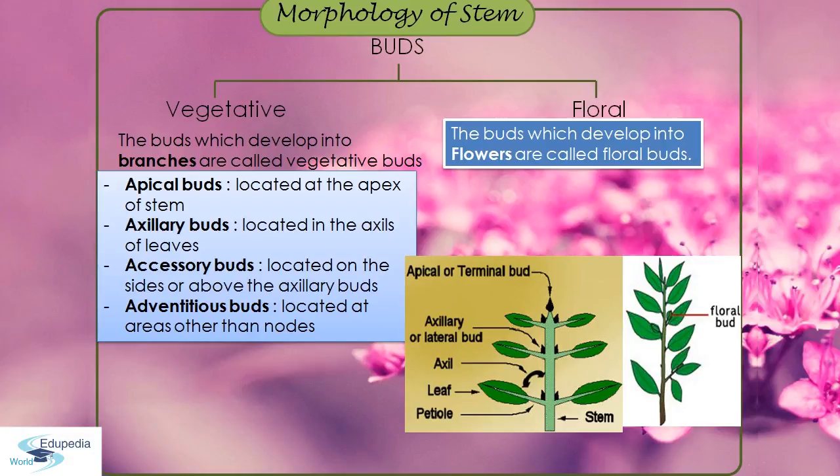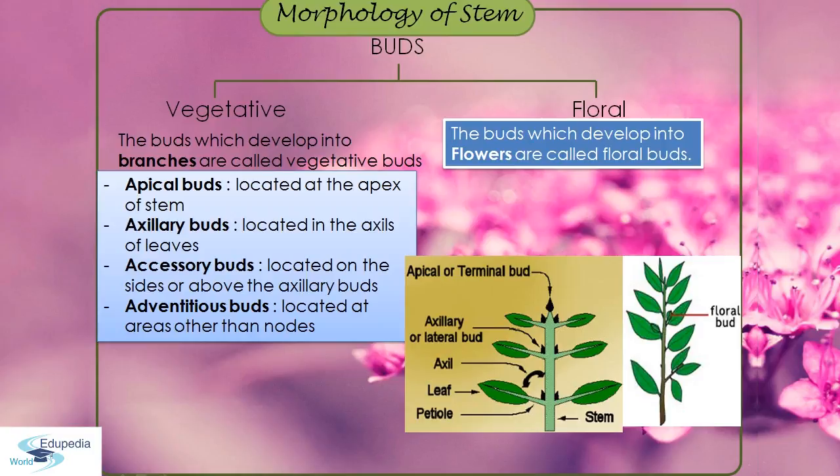Then second is your axillary bud, which is located in the axil of the leaf. See, this is the axil portion of the leaf. This is your main stem, this is your leaf, and the space between leaf and the main stem is known as axil. So the bud which is located in the axil is known as axillary bud. Axillary bud is also known as lateral bud, students. Now comes accessory buds, which are located on the side or above the axillary bud.